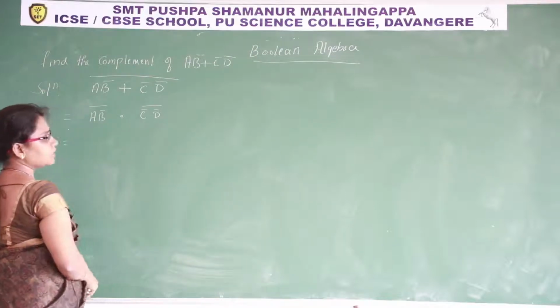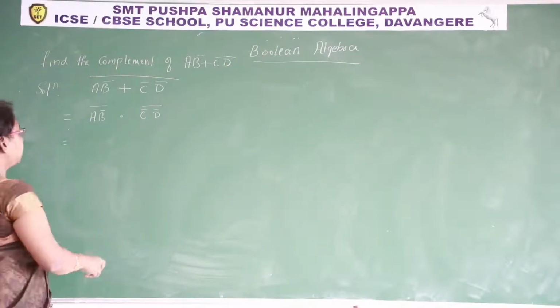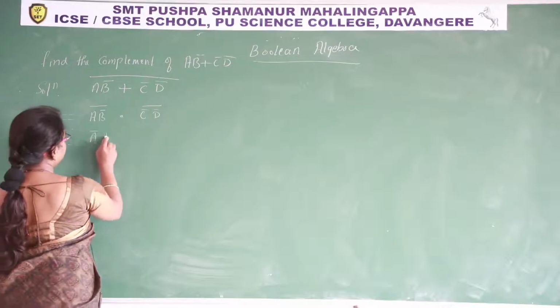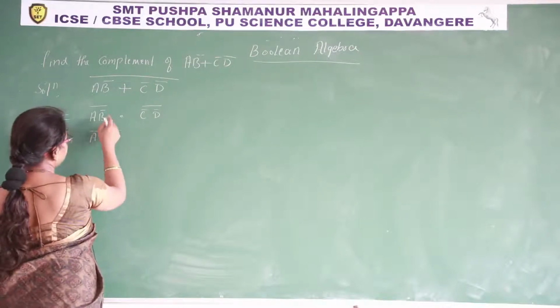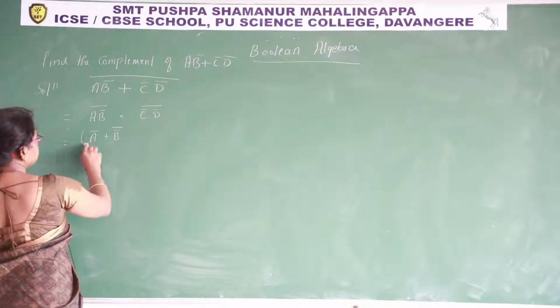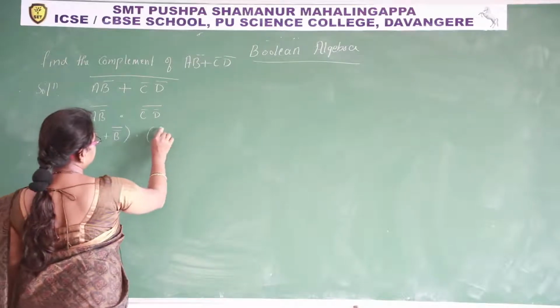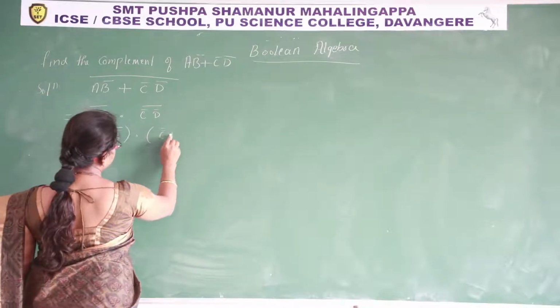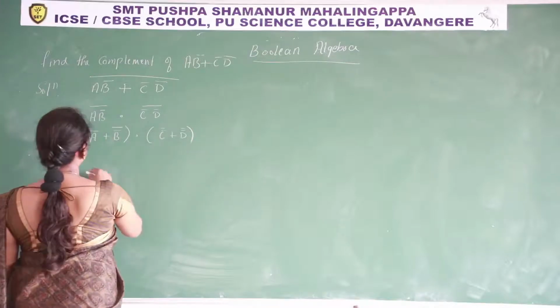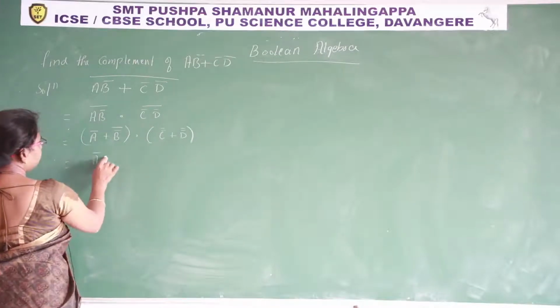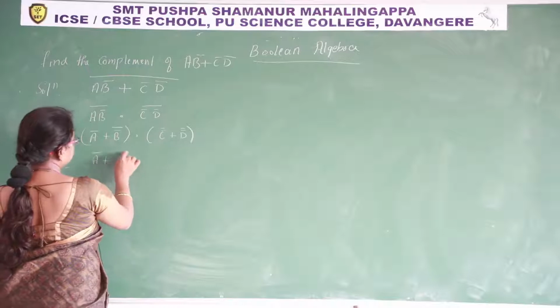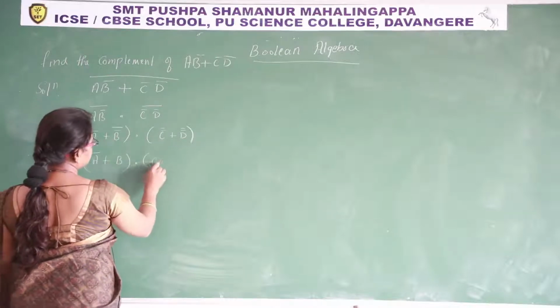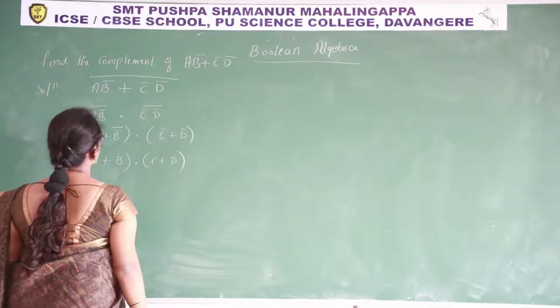A dot B whole bar is equal to A bar plus B bar. So it becomes A bar plus B, already it has a bar, one more bar according to the rule, into C double bar plus D double bar, A plus B into C plus D.